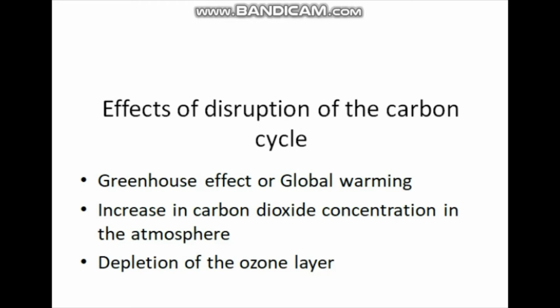So we are going to look at the effects of the disruption of the carbon cycle. Now when it comes to the effects of the disruption of the carbon cycle, we can talk about the greenhouse effect or global warming.